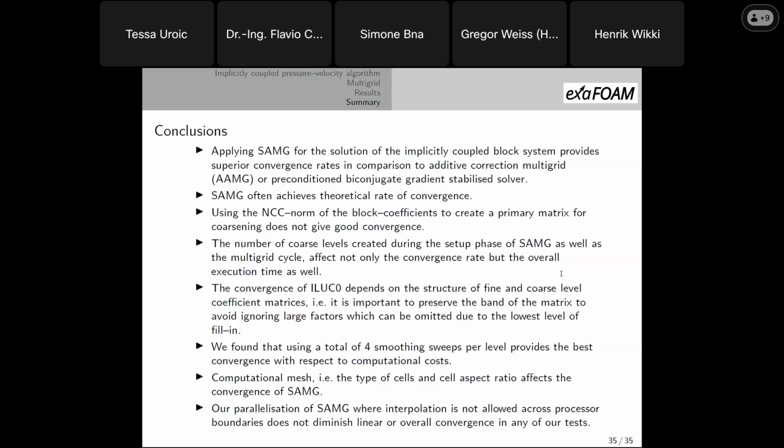The choice of smoother is also quite tricky. And this is why we're still working on polynomial smoothers, which we hope will be competitive with the ILUC, which was up until now the most efficient and the best one for converging the block-coupled system. And we also gave some recommendations on setting up SAMG.